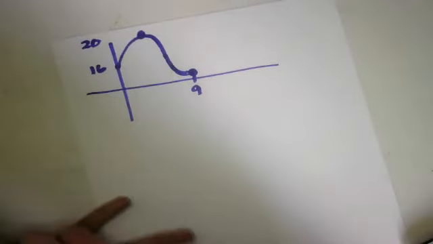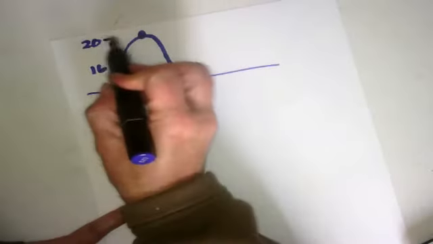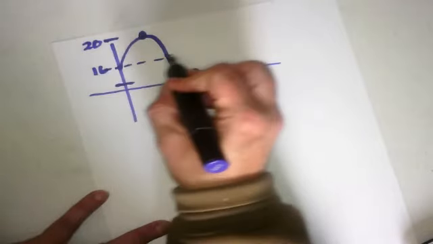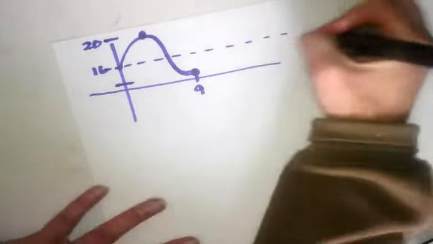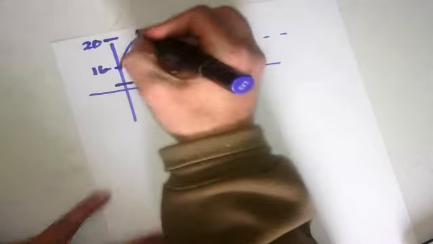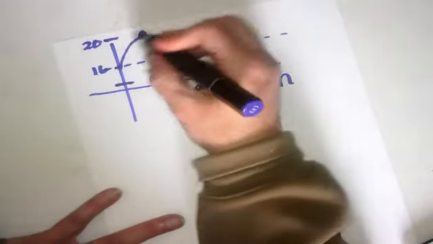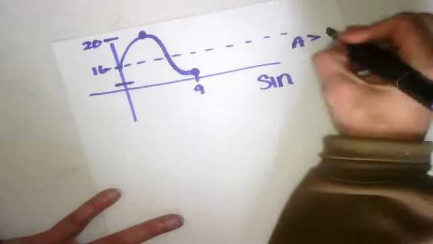So now I look at it. If I see that this is the maximum, I know then that this is going to be the minimum. And they didn't tell me what that is. However, I also know that this starts on the midline. So the midline is at 16. It's going up first. Starting on the midline tells me, hey, that's a sine curve. Going up first tells me that A is bigger than 0.